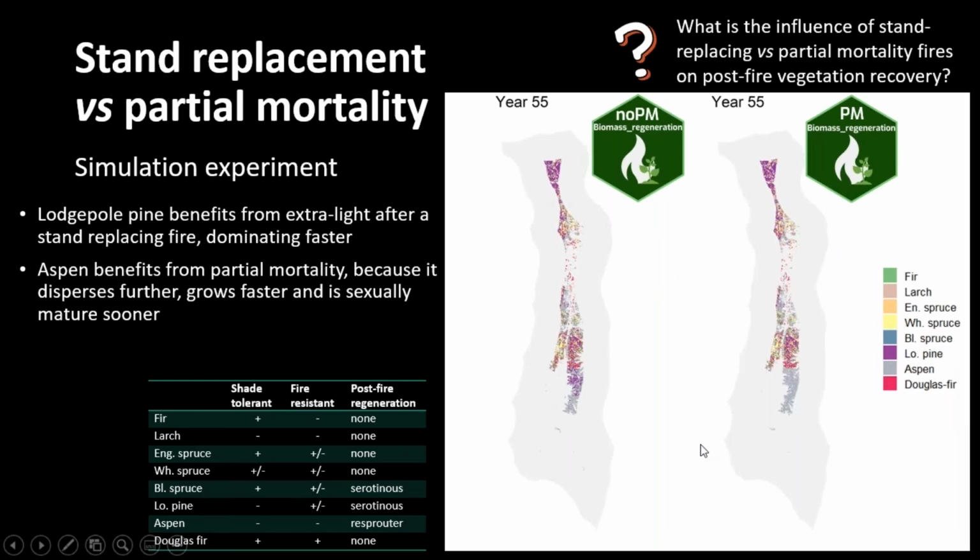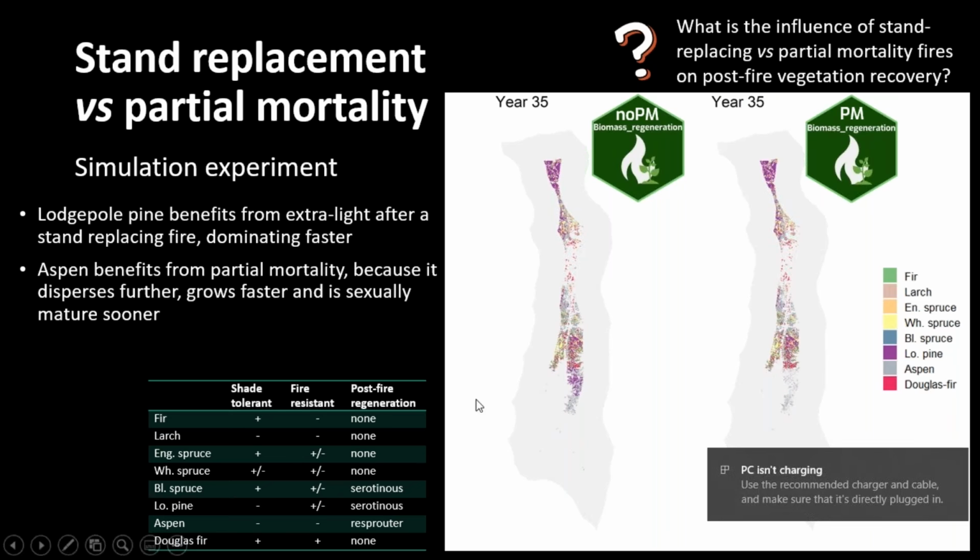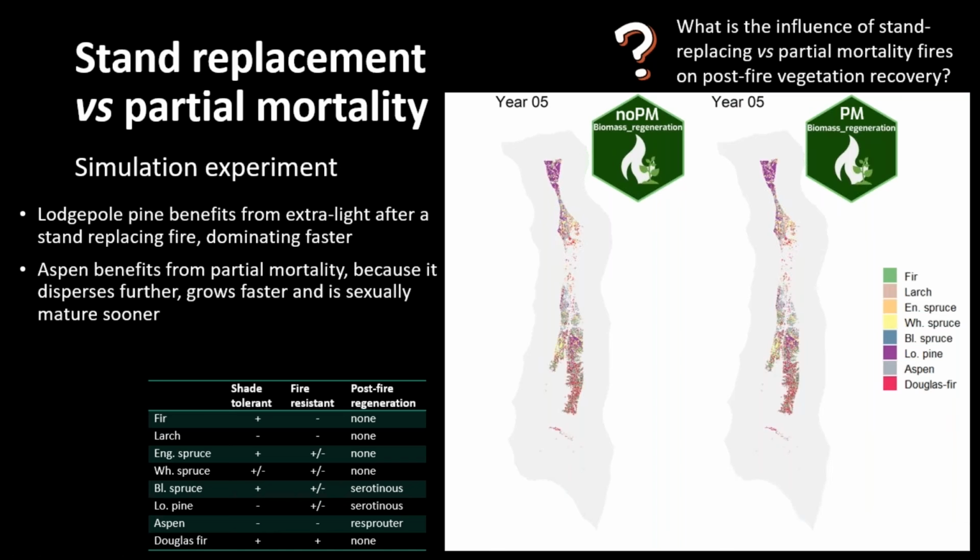If we have partial mortality, that means that some part of the stand survives, and that has some shade on the seeds of lodgepole pine. So it's not really so facilitated to do serotiny and germinate after fire. On the other hand, aspen seems to benefit quite a bit from the fact that there is a surviving stand, because it disperses much further than the other species that are conifers.